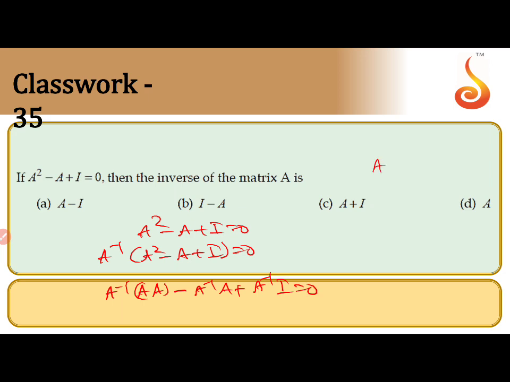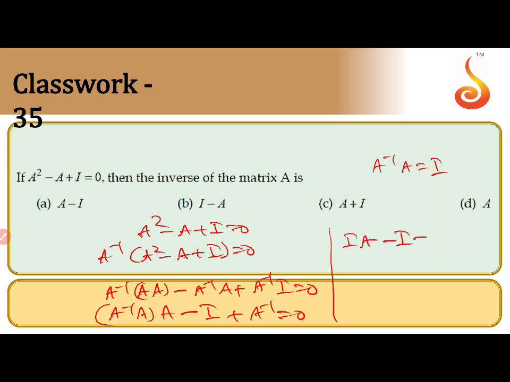So we have the property A inverse into A equal to I. Then rearrange: A inverse into A minus I plus A inverse into I is A inverse, equal to 0.